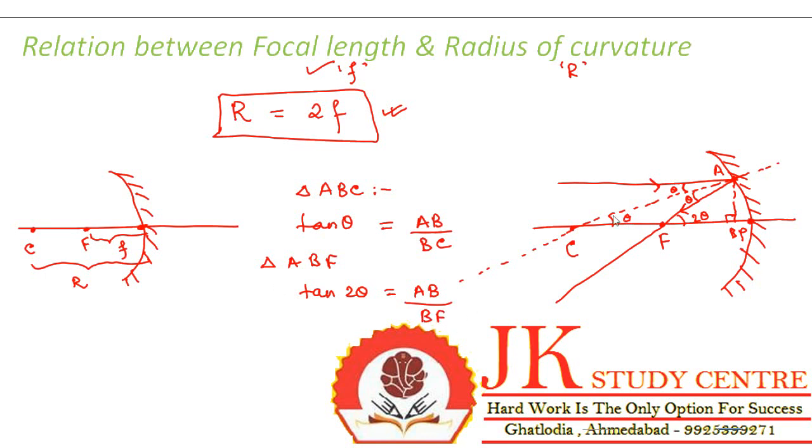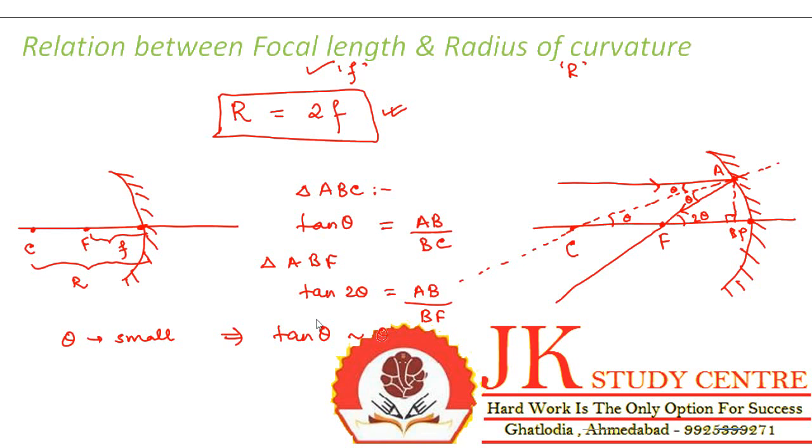Now here, this angle theta is assumed to be very small because incident rays make very small angles to the principal axis. So we can say that theta is quite small. If theta is very small, tan theta is approximately equal to theta. All these things you would have studied in your trigonometry, so I am not going into the detail of why tan theta becomes theta when theta is small.